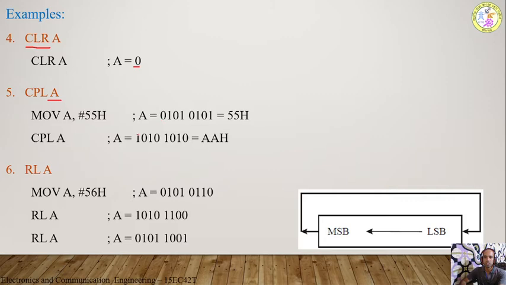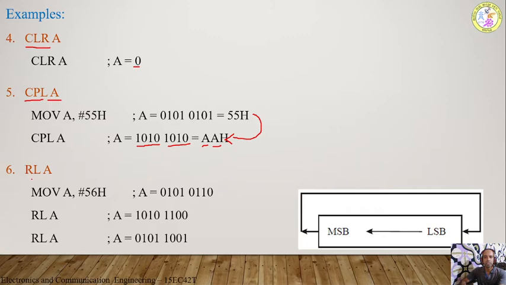So 0101 becomes 1010, and 1010 is A. Therefore, the complement of 55 is AA. So this is called the complement operation. CPL is the instruction used.